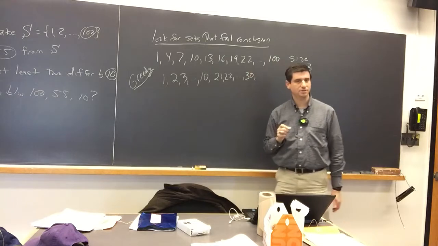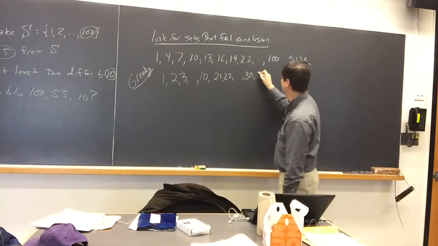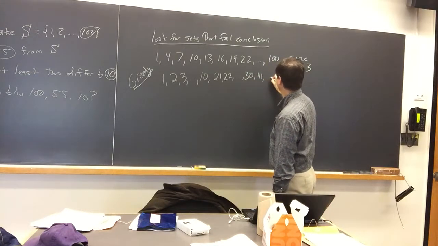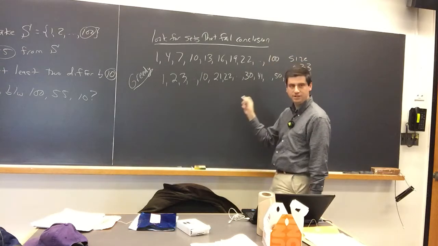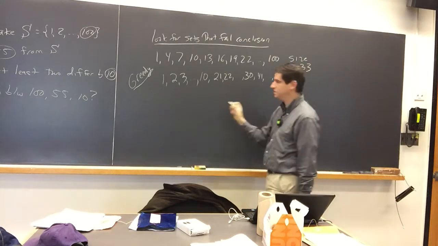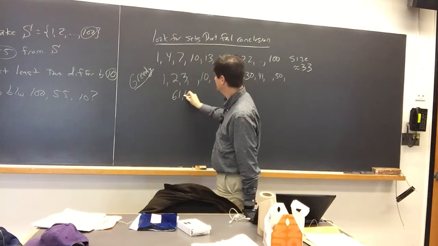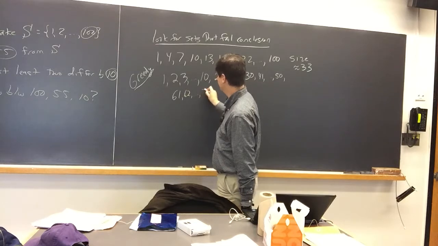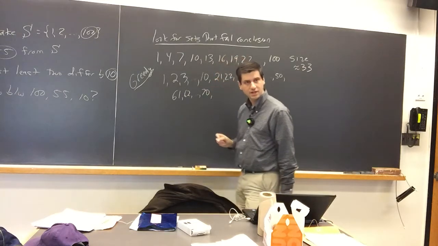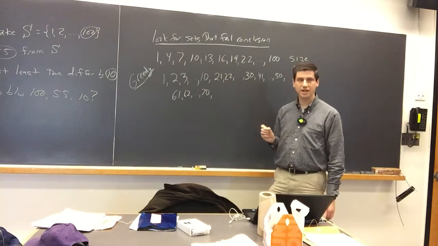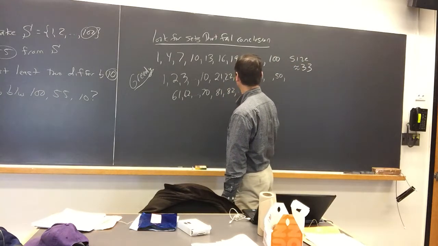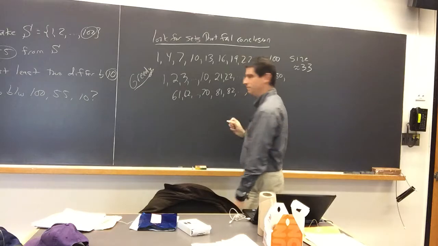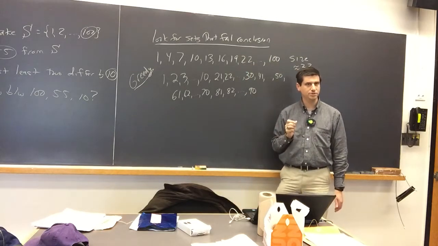And then what comes next? 41. 50, right? And then we would skip 50 to 59. Can't do 60, can do 61, 62, all the way up to 70. Can't do anything from 70 to 80, but can do 81, 82, up to 90. And I don't think we can do anything else.